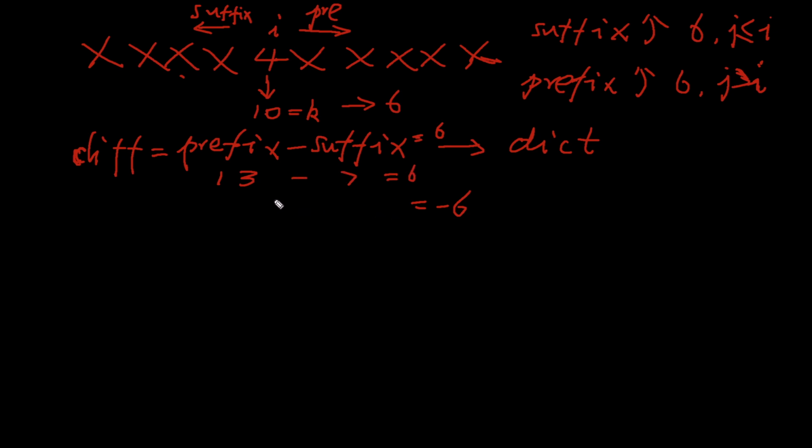Or if there is an index where the prefix in this case is 7 minus 13, if the original one is -6, in this case, if the prefix is increased by 6, then this one will also become 0.